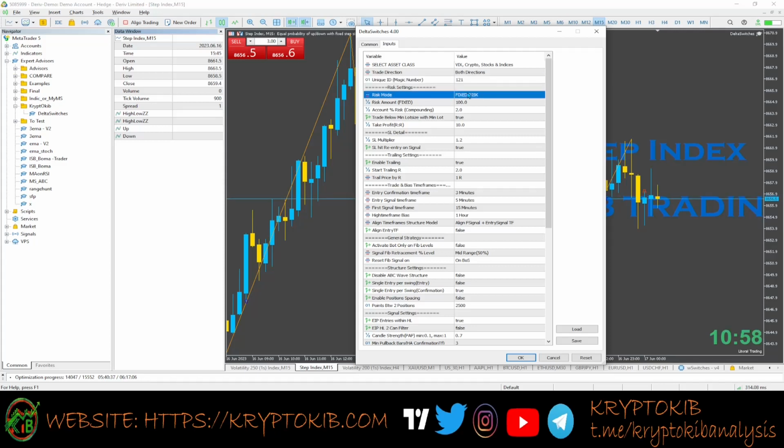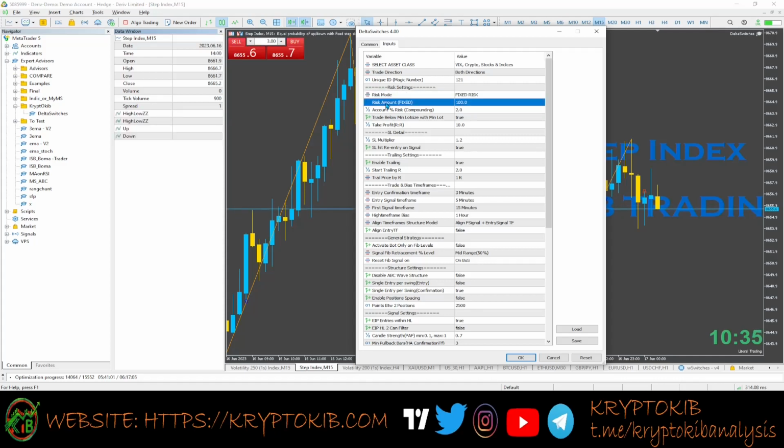Risk mode is self-explanatory. Do you want to risk a fixed amount on every trade? You can change it as you please. Or do you want to risk a percentage of your account balance? If you want to risk a percentage, then you can change this to percentage risk. If you want a fixed amount, then you can put it on fixed risk.